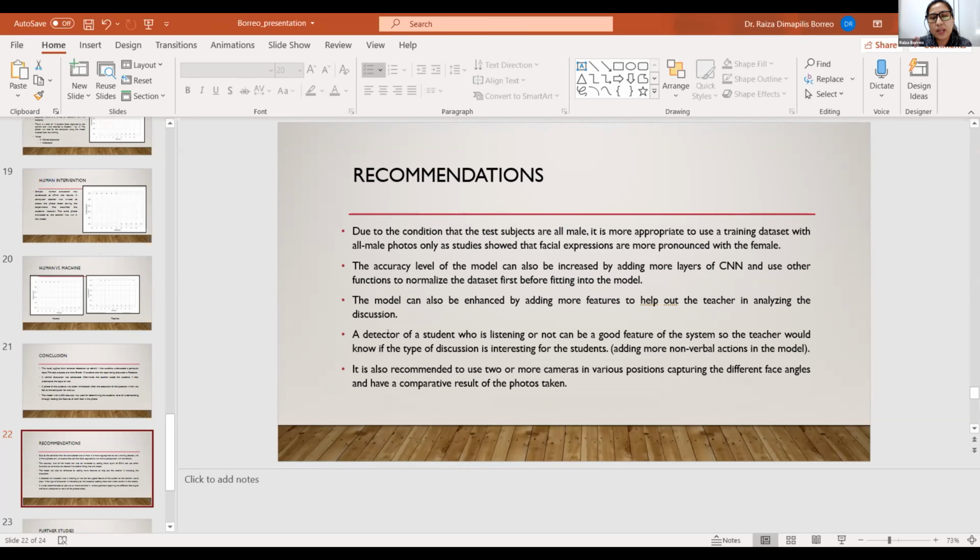When I say normalize, I can remove the neutral pictures or photos in the data set, so that I have fewer options for the model to choose from, whether it's anger or disgust from the 6 emotions.